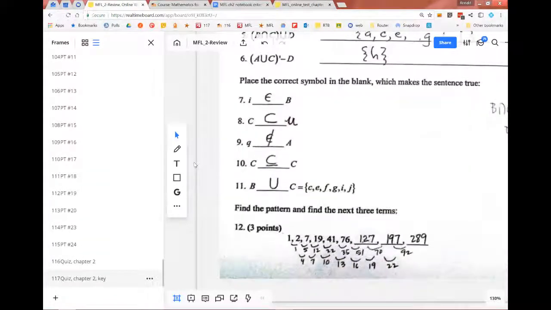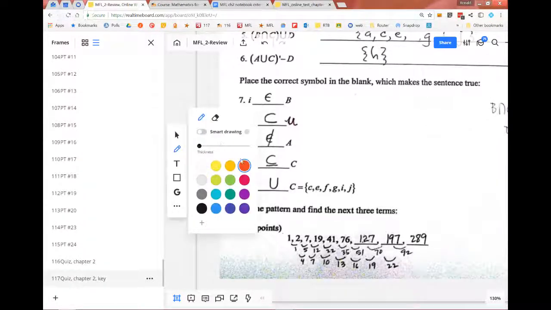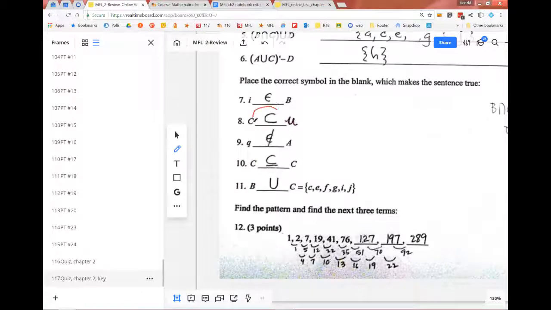One thing I would like to point out on this quiz here, number 8 and number 10. Do you get the difference between this symbol and this symbol? C is a subset of the universal set?